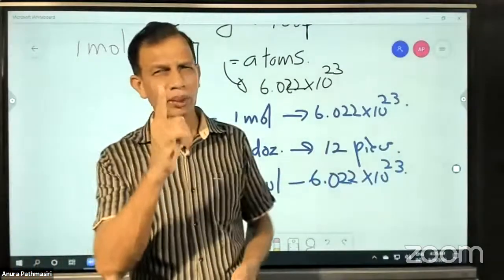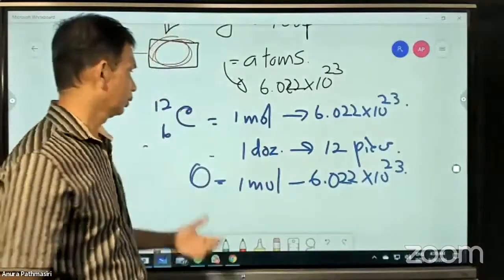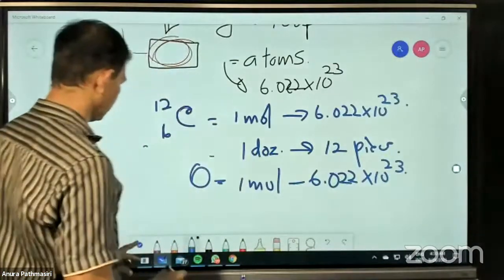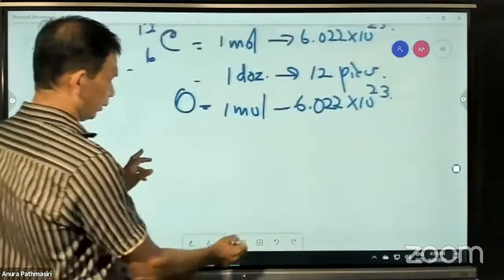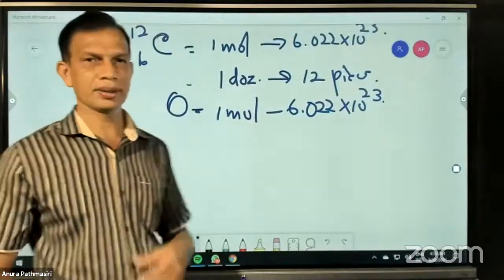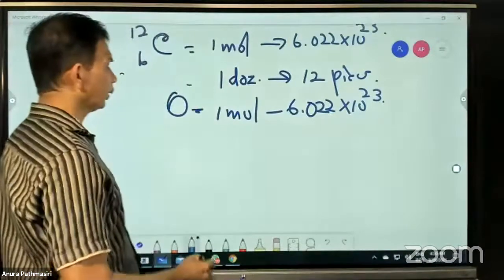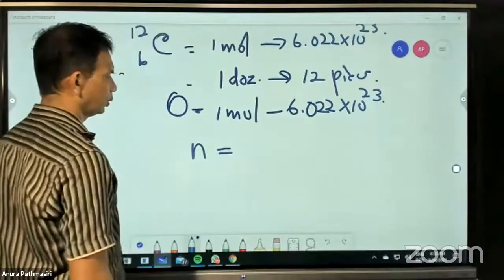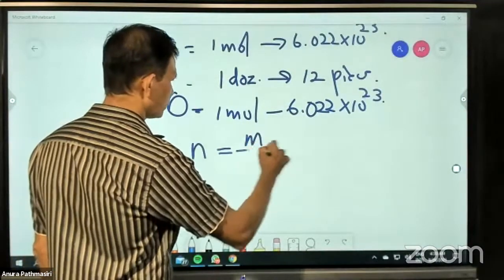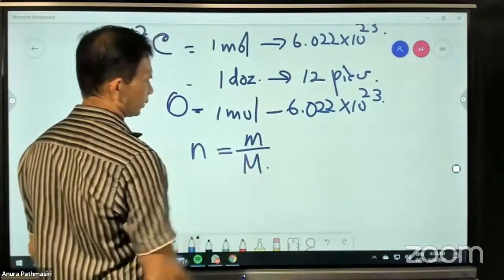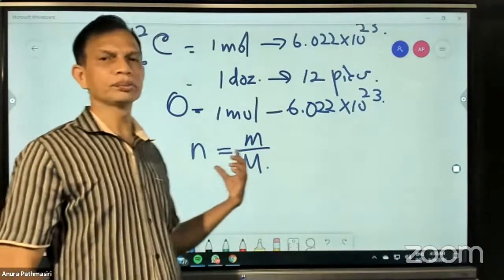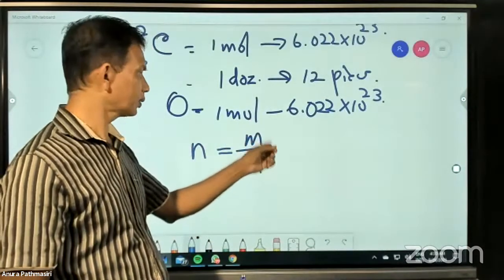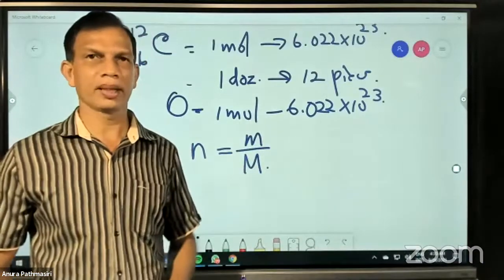Now, what do you mean by a mole? How can you express it? That's another problem we have. As we know from the lesson, the number of moles available is equal to the given mass divided by the molar mass, right?